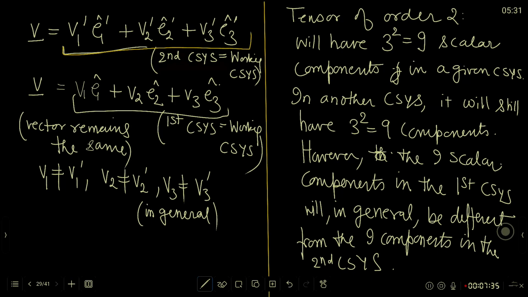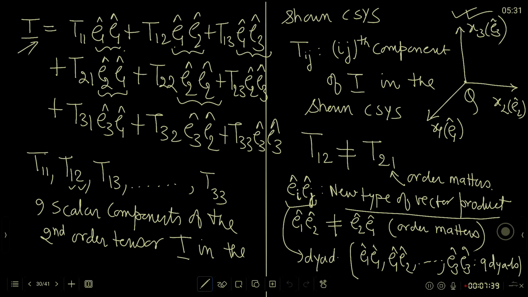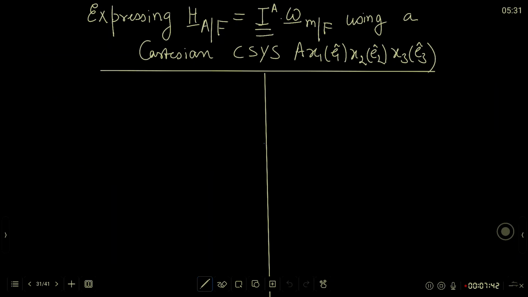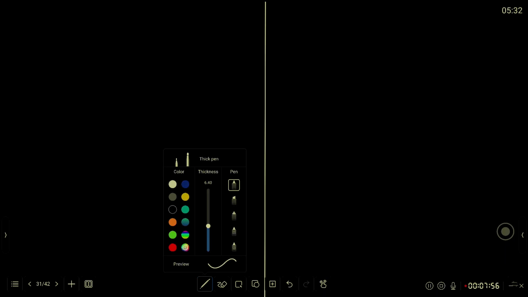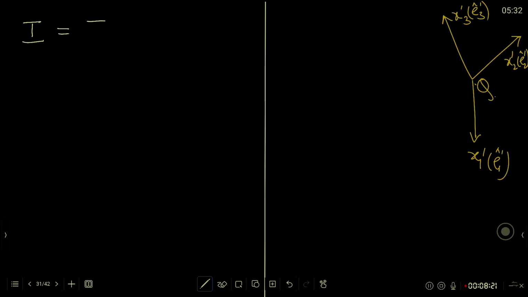Similarly, if somebody is changing the coordinate system again like this, with all primed quantities, and you want to express the same T in this coordinate system now, that will be T11 E1' E1', and so on.